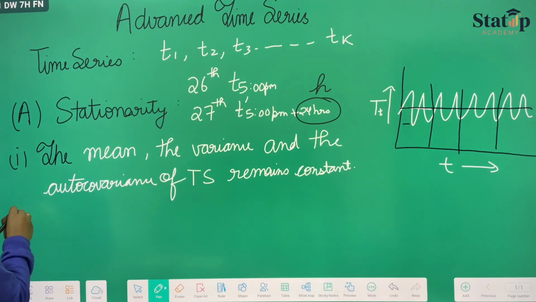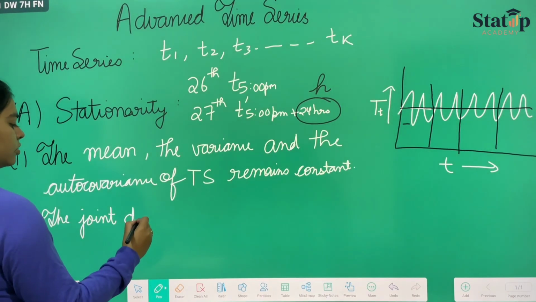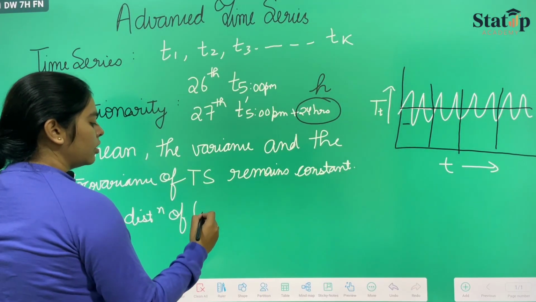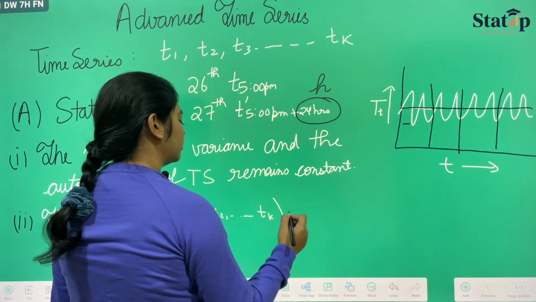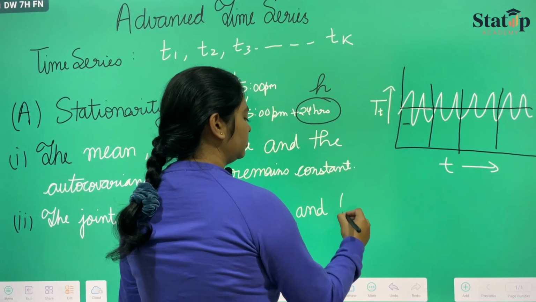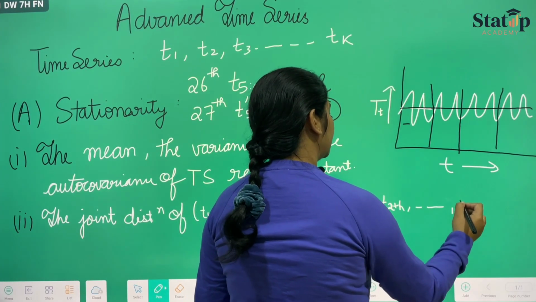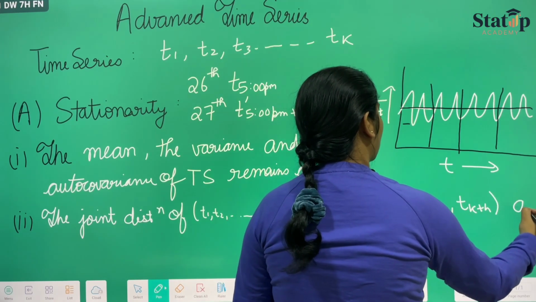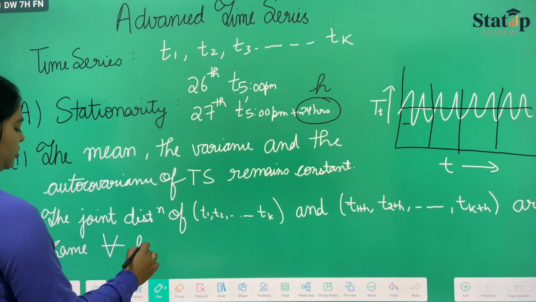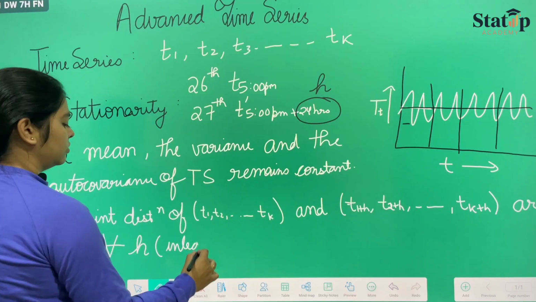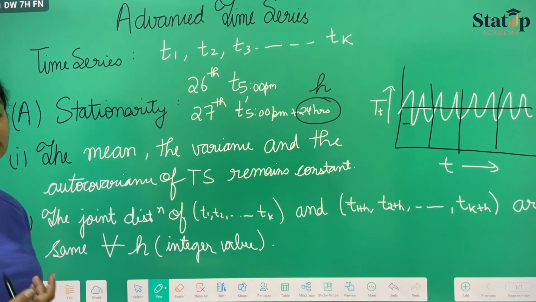So the second point would be that the joint distribution of T1, T2 up till Tk and T1 plus H, T2 plus H up till Tk plus H are the same for all H, where H is an integer value. This is also a property of stationarity.